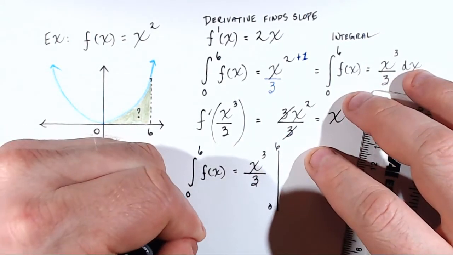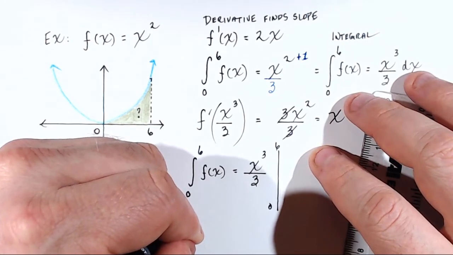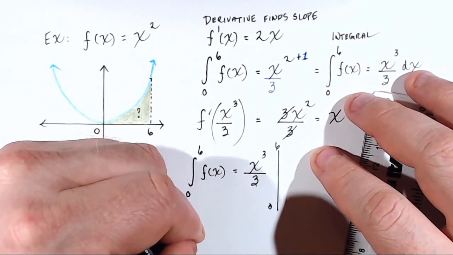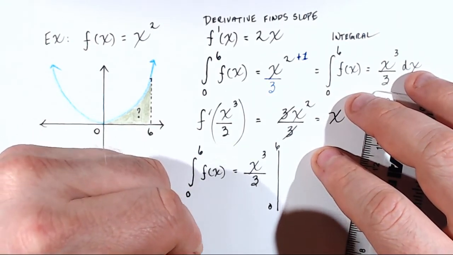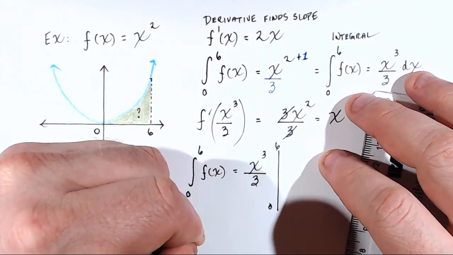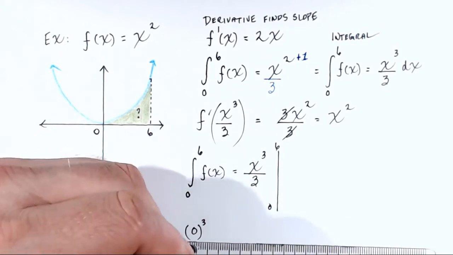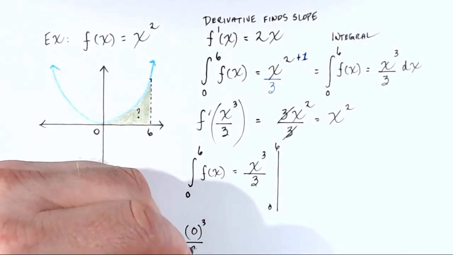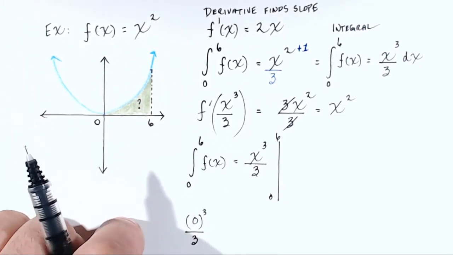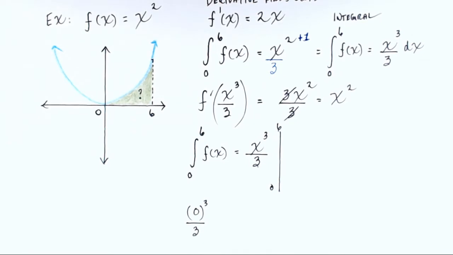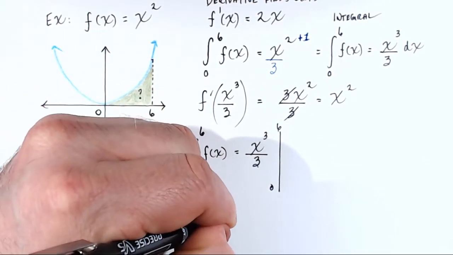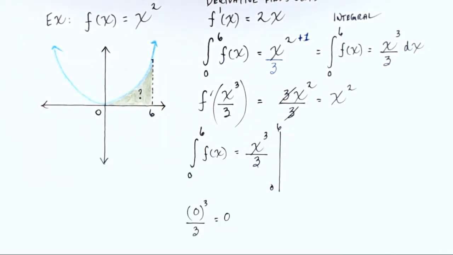So what we do is we will plug in a 0 and see what we get. So 0 cubed is 0. 0 divided by 3 equals 0.